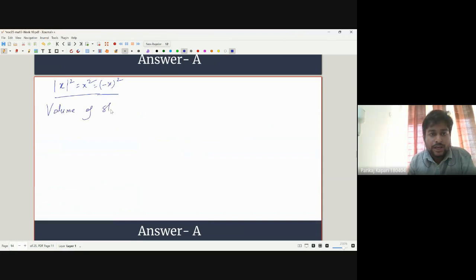So the volume of the solid, not the slice. This time we write V as a function of c, because c is unknown. It is constant, but it is not known. c varies between 0 and 1.